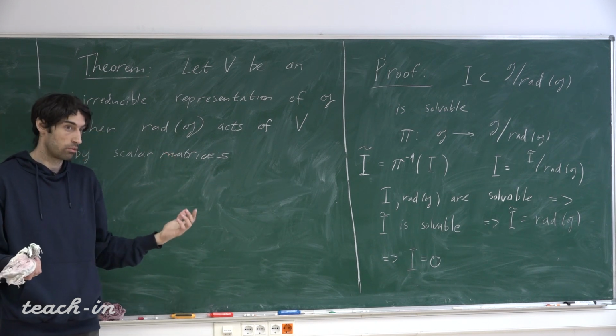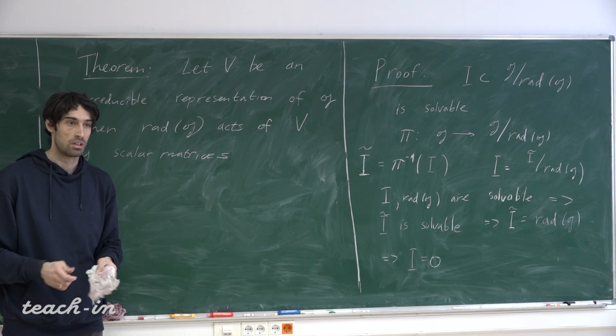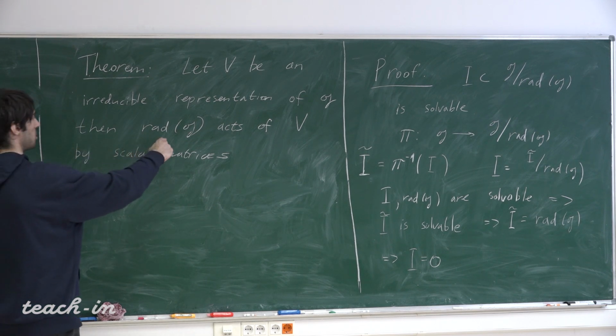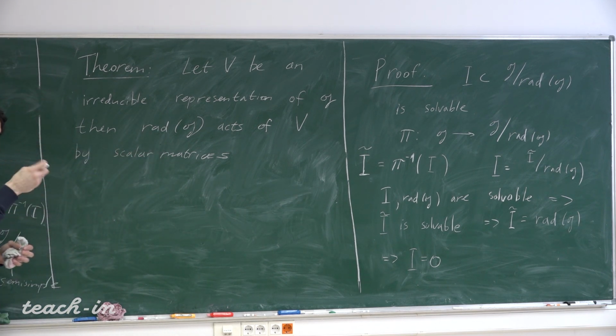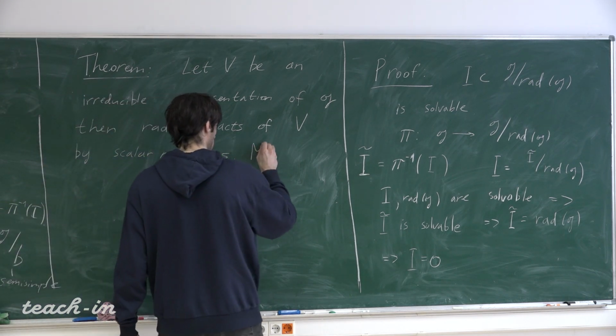The numbers might be different for different elements of G, but this is what it means. In every basis, actually, there are some bases in which every element in here is just C times identity.